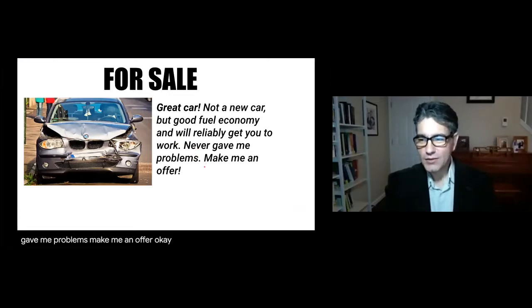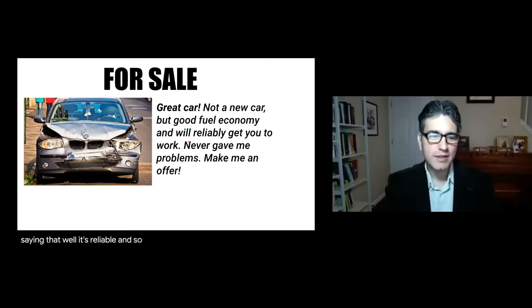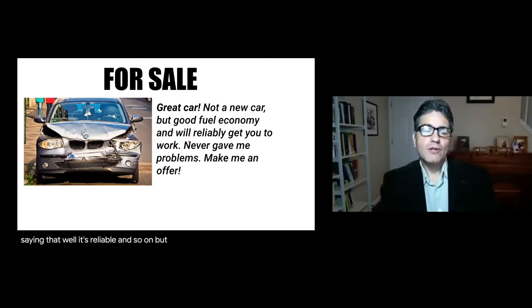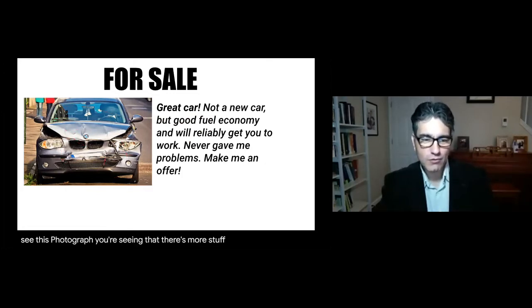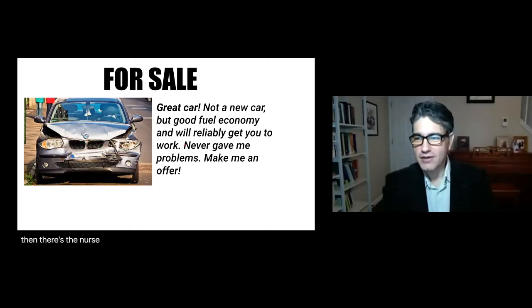Okay. Well, you could say that to some extent this is being transparent, because yes, they're being honest, it's not a new car. That's clear. And it is saying that it's reliable and so on. But if you were looking at this ad and you see this photograph, you're seeing that there's more stuff wrong with this car than they're saying here.